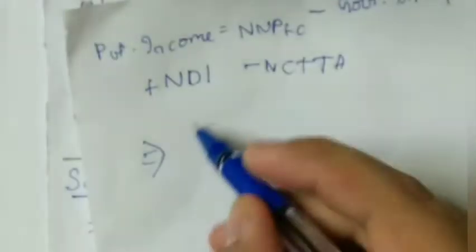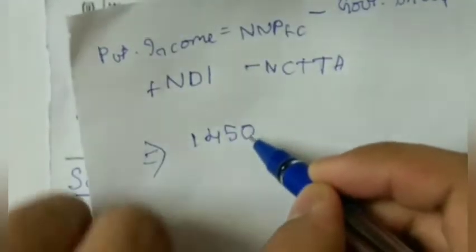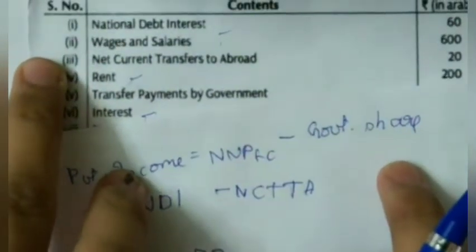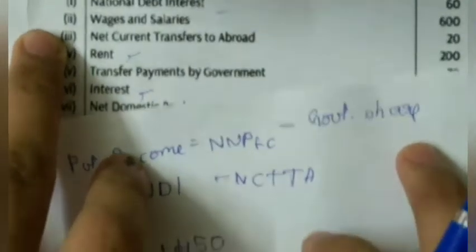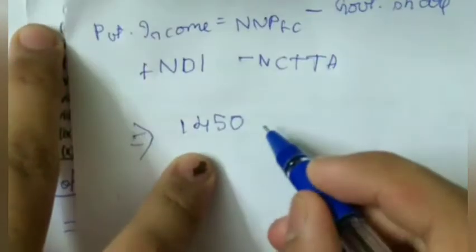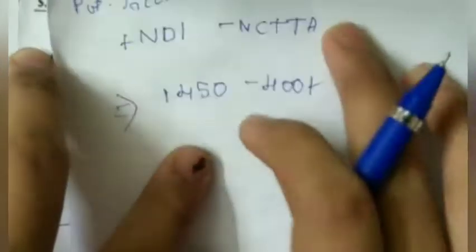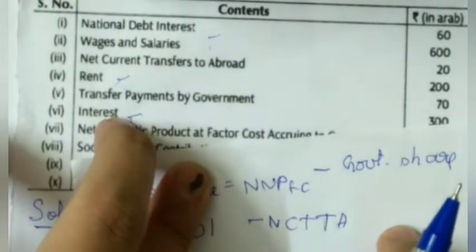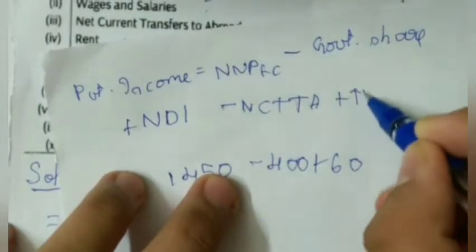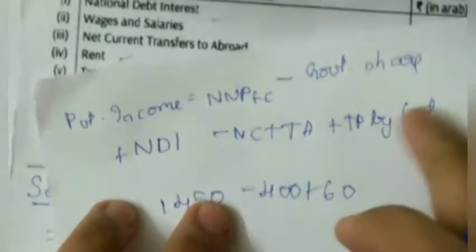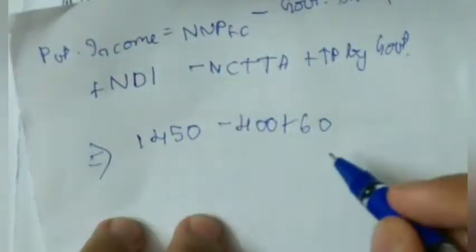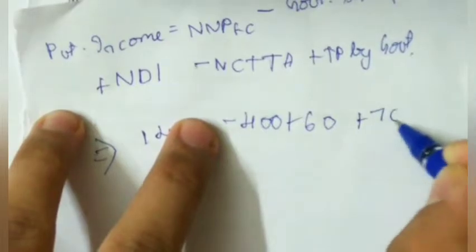Okay, this will give 1450 minus government share accruing to government, which is 400, minus 400, plus national debt interest 60, plus 60, and we also have transfer payments by government, so we should add that, plus transfer payment by government, which is 70, plus 70.